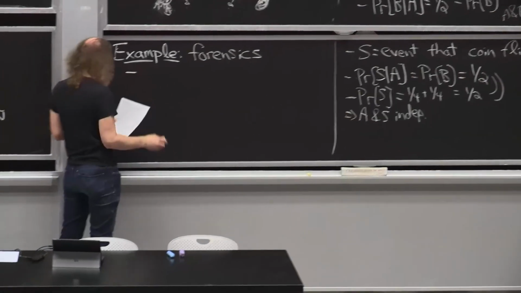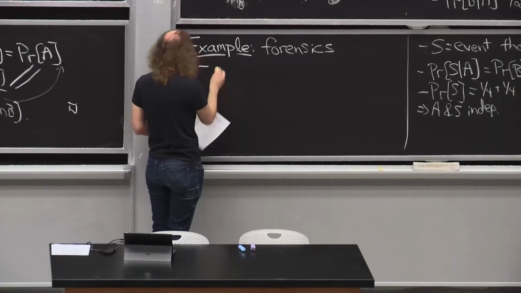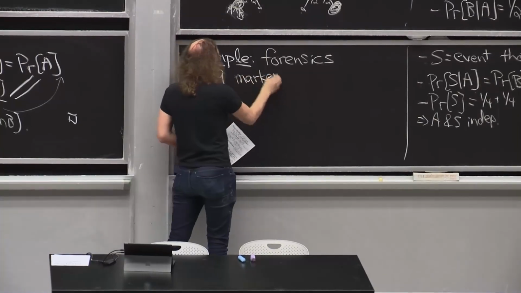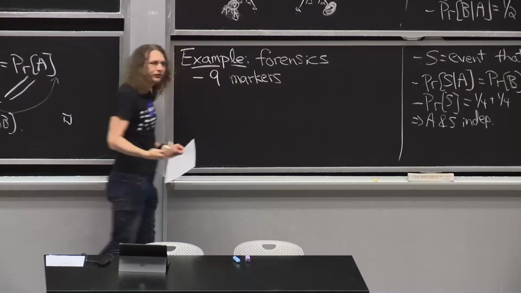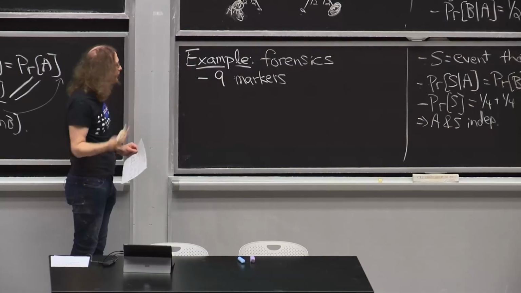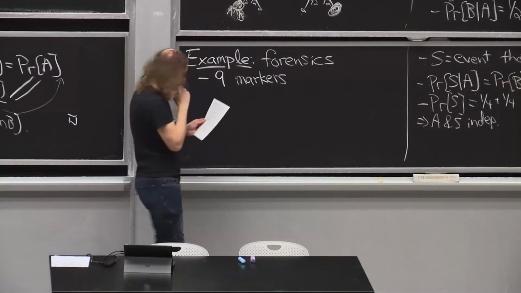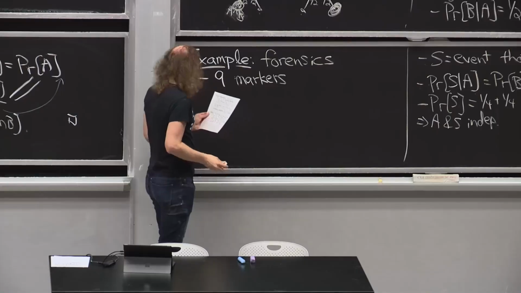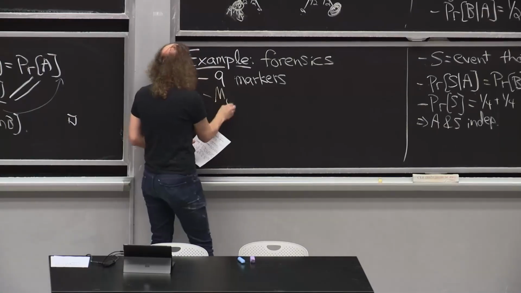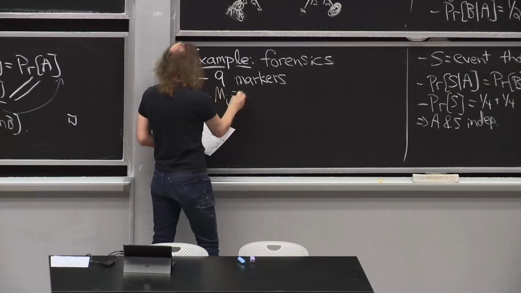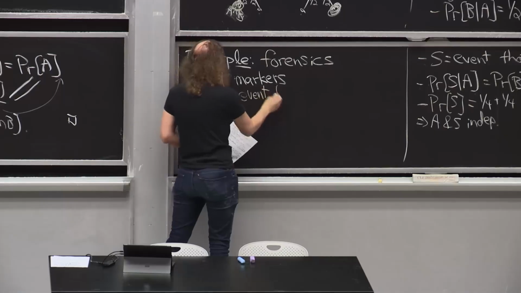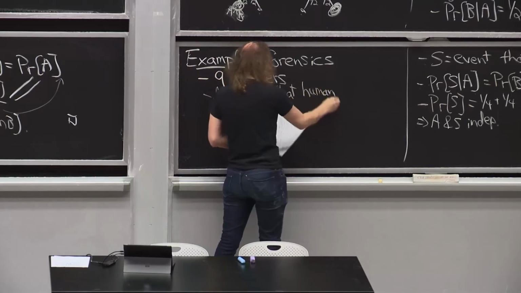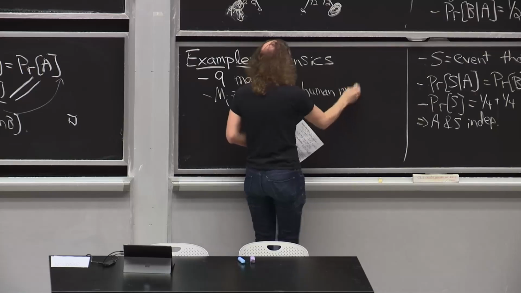It's probably not realistic, but for the sake of example, say you find 9 markers that are consistent with a particular suspect being at the scene of the crime. DNA, whatever. And let's say Mi is the event that a randomly chosen human matches marker i.